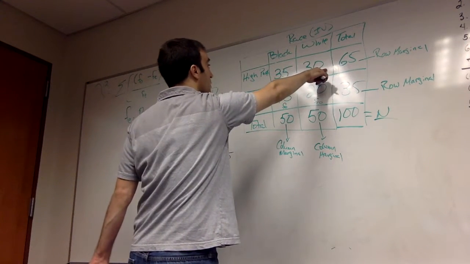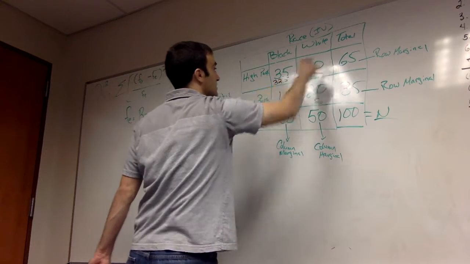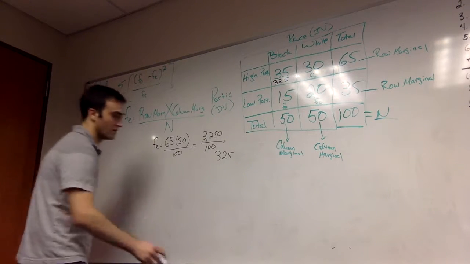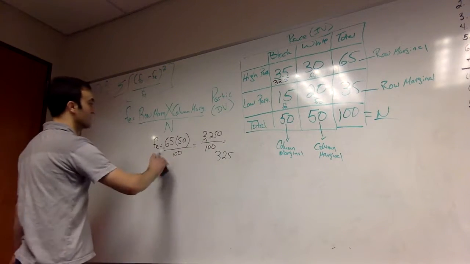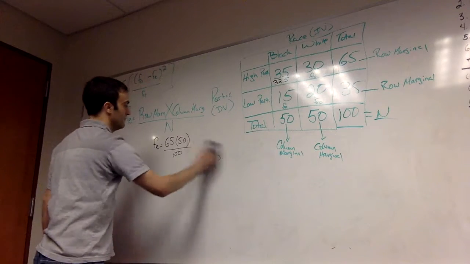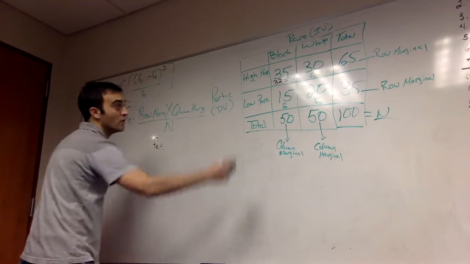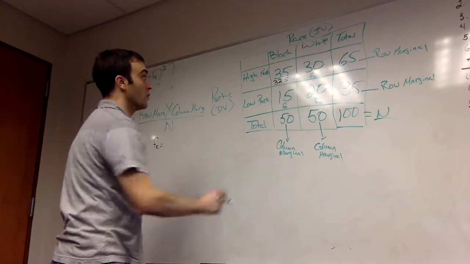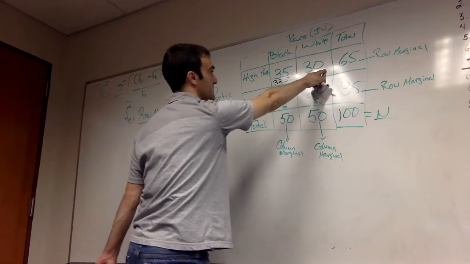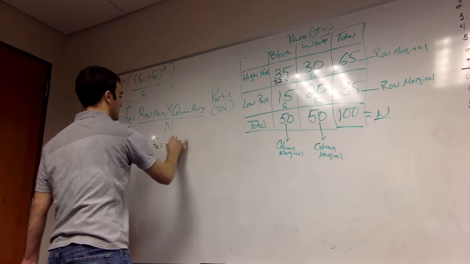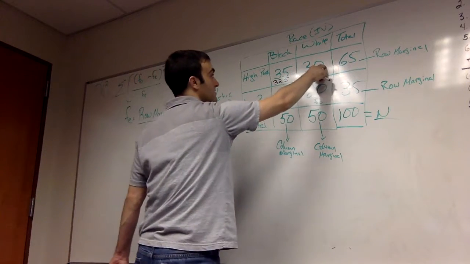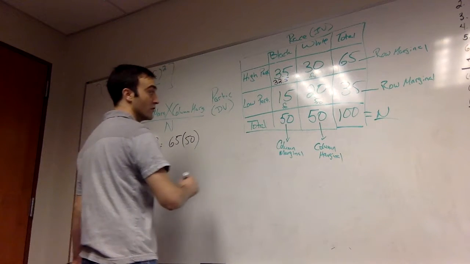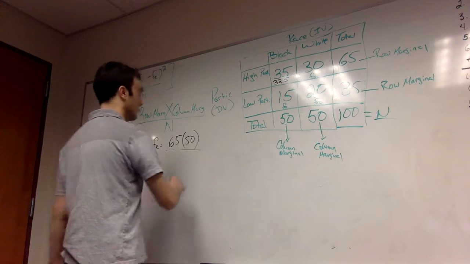Going clockwise, starting from the upper left, now let's go to the northeast cell, high participating white. Using the FE equation, the row marginal for high participating whites is 65. Multiply that by its column marginal, which is still 50, just the other 50, and then divide by N of 100.